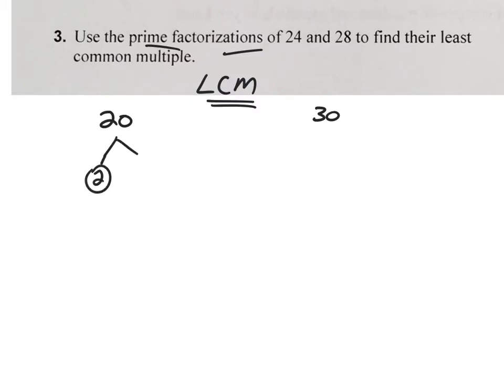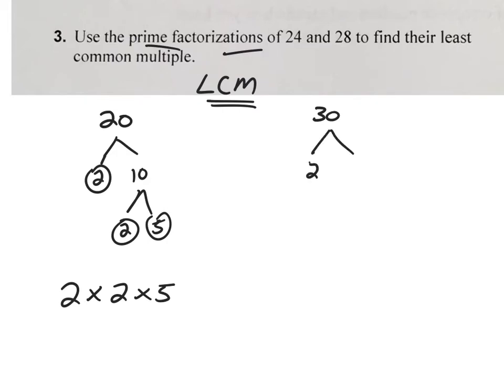So we say 2 times 10, 2 times 5. We're left with 2 times 2 times 5. That's our first factorization. 30: 2 times 15, 3 times 5. So we're left with 2 times 3 times 5.